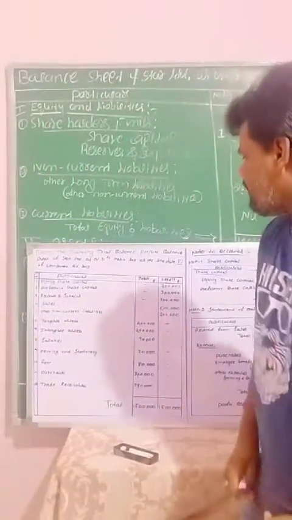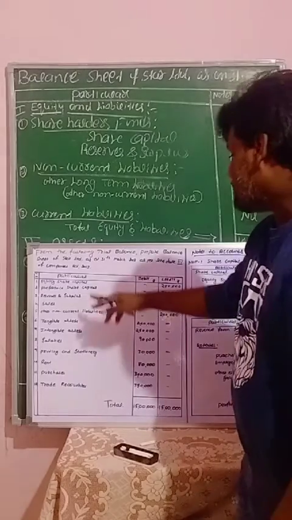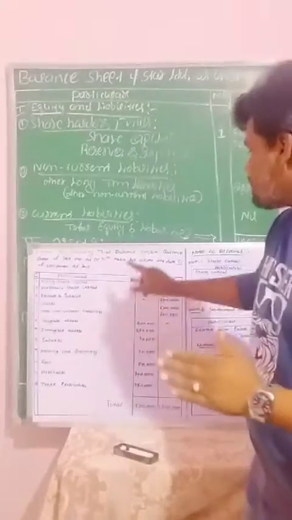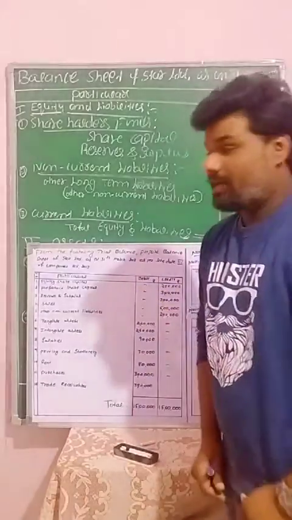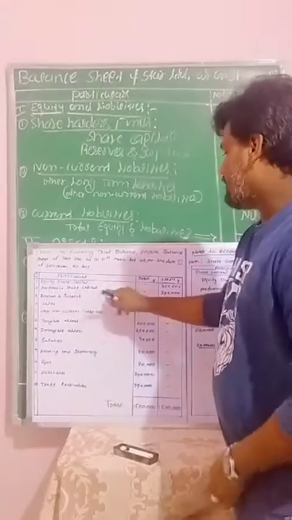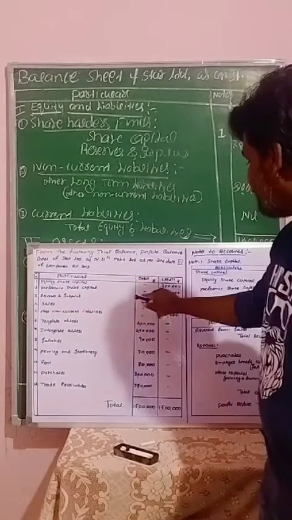The first item here is equity share capital. Compared to the previous question, in this question they gave us the trial balance in a slightly different way. In the trial balance there are four columns: serial number, particulars, debit and credit.